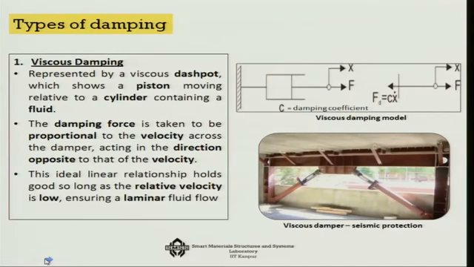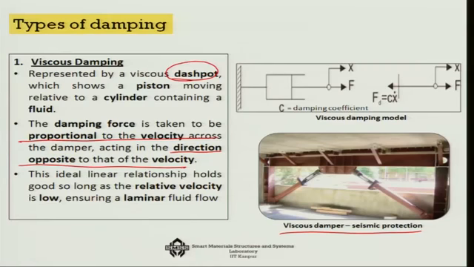Now, there are two important types of damping. One is called the viscous damping, and as you can see, like in seismic protection or in any door, you will see that the door closer is actually a dashpot. Okay. So, this dashpot has a piston and cylinder combination, and the damping force here is considered to be proportional to the velocity across the damper and acting in the direction opposite to that of the velocity.